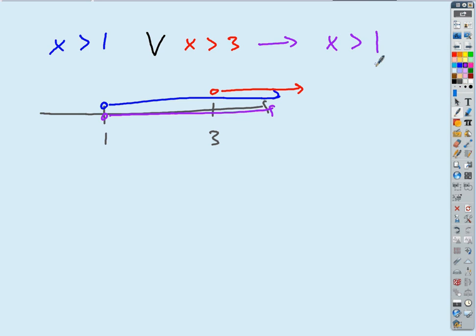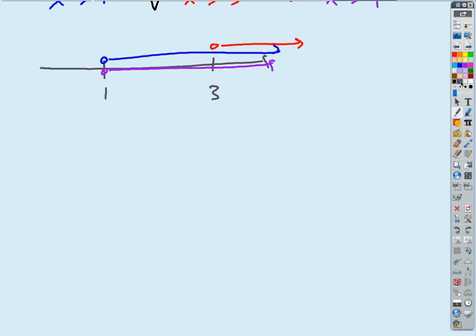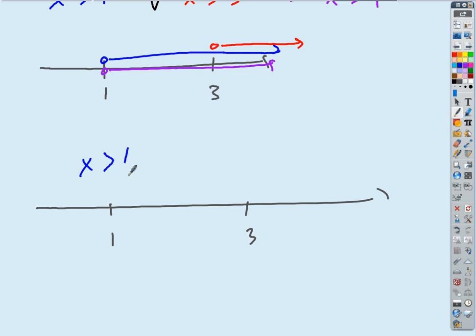Everybody agree? Okay. Now let's compare that to the statement, almost the same problem. And now let's do x is greater than 1 and x is greater than 3.